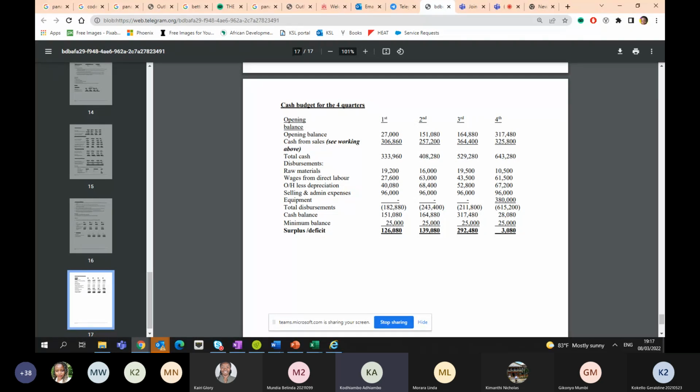Just think of it like everything else, brought forward, carried forward. So you will see a movement there, so that each quarter starts with the closing balance of the previous quarter. Makes sense? Does it make sense, people?